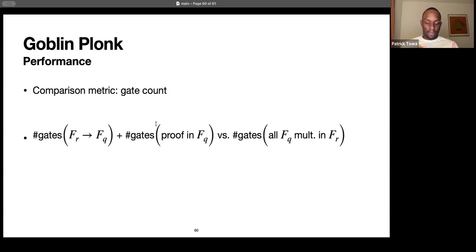So the gates that you're paying are the gates for this translation, especially with the mod q operations and the mod q multiplications that you have to do, plus the gate count in the proof that you're doing natively. And this is versus if you were doing all the multiplications for all the operations in FR without using this method at all. So this is the performance metric.